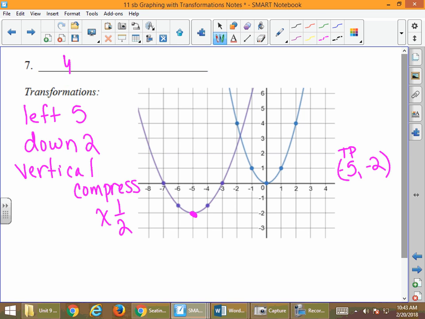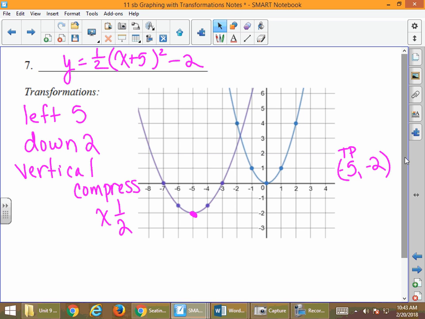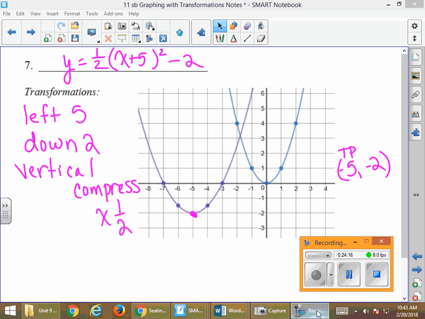It's y equals, the vertical stretch or compress comes first, 1/2. Then our parentheses change the sign. So it's going to be x plus 5. And then to finish, keep the sign.